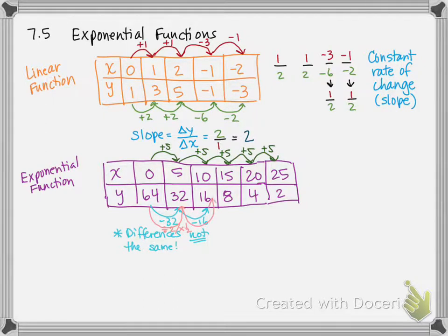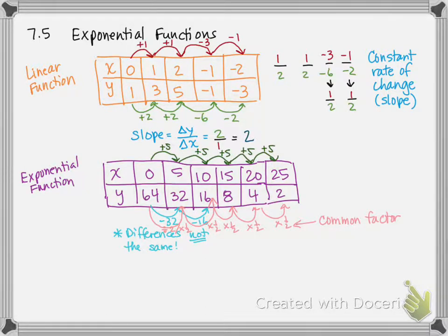To get from 32 to 16, same thing, either dividing by 2 or multiplying by 1/2. And that pattern continues. Multiply 8 by 1/2 to get to 4, multiply 4 by 1/2 to get to 2. Okay, so this 1/2 is called a common factor.